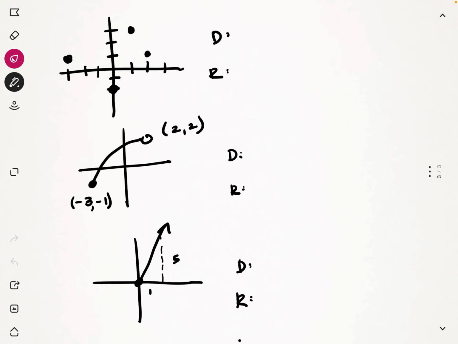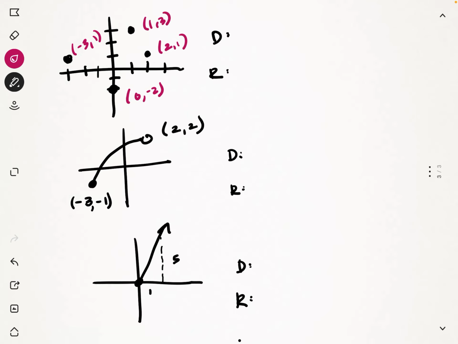Okay, last we're looking at some graphs here. So the domain, we're going to have to figure out what points these are. So this is going to be -3, 1, 0, -2, 2, 1, and then 1, 3.